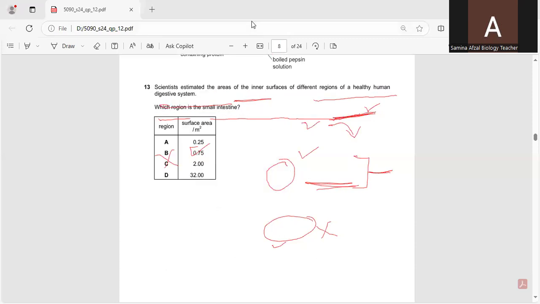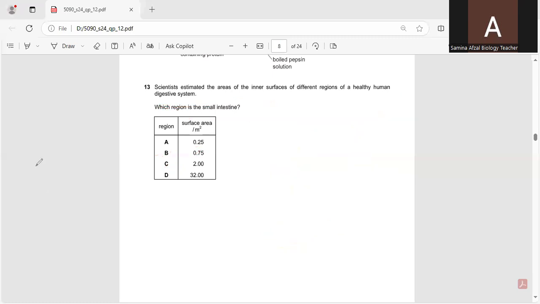Now question number 13. Scientists estimated the areas of the inner surfaces of different regions of a healthy human digestive system. Which region is the small intestine? Region A is 0.25, region B is 0.75, C is 2, and D has 32.